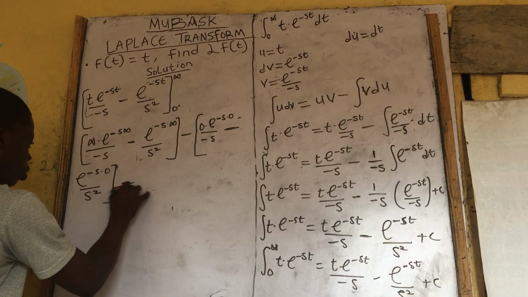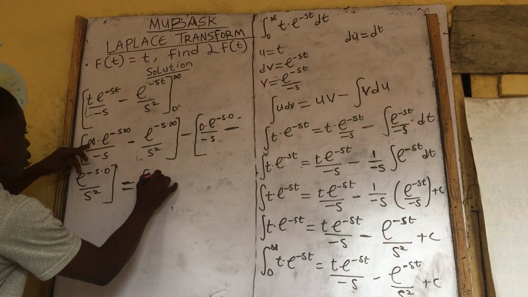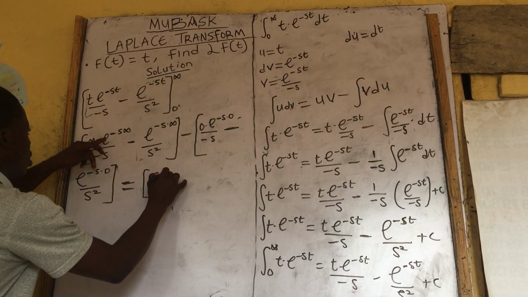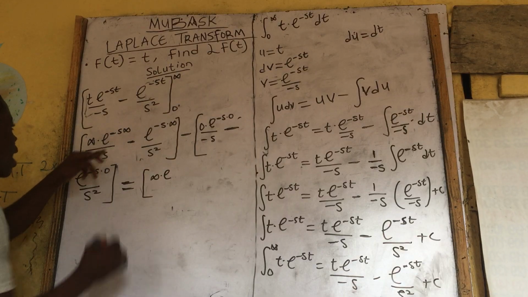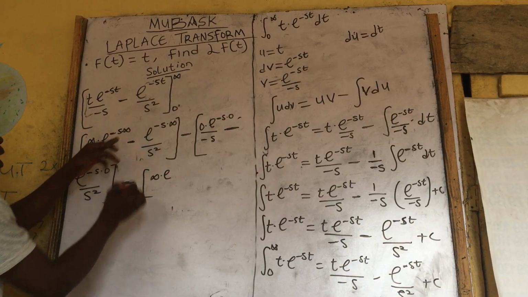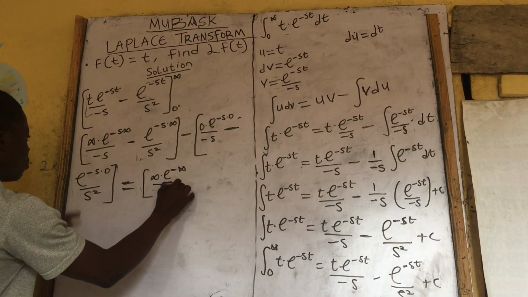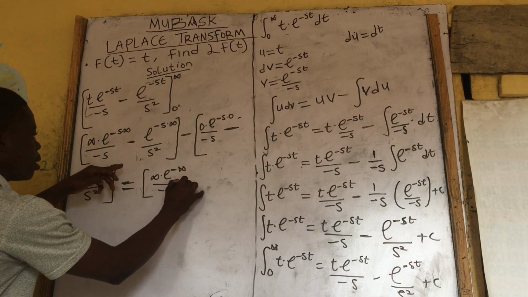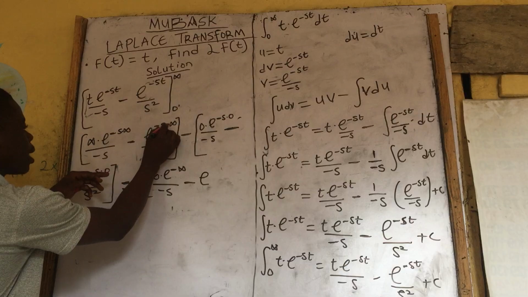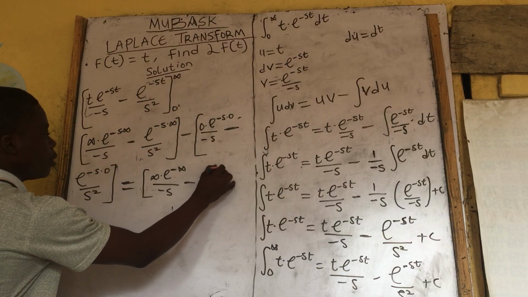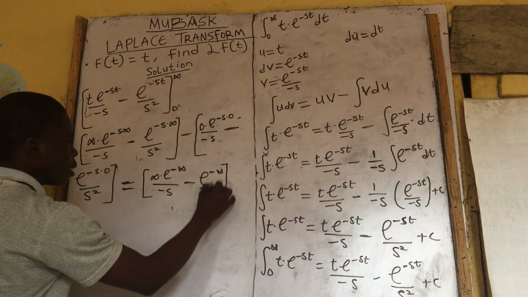All equal to open bracket, infinity times exponential minus s times infinity giving us minus infinity, divided by minus s, minus exponential minus s times infinity giving us infinity, divided by s squared, all in bracket.